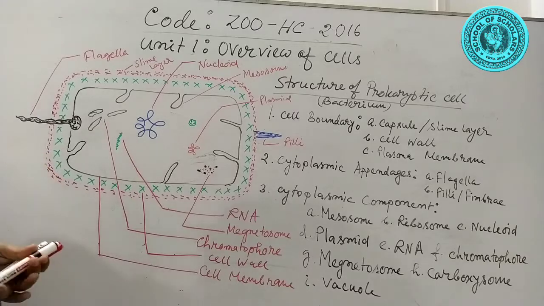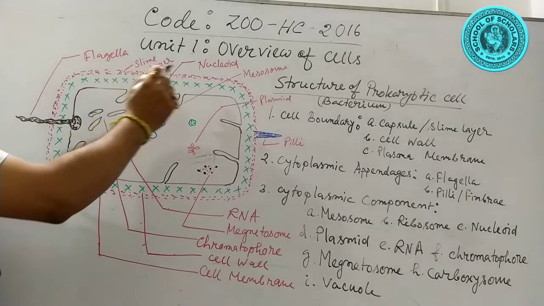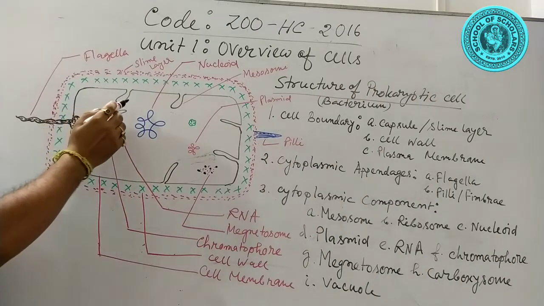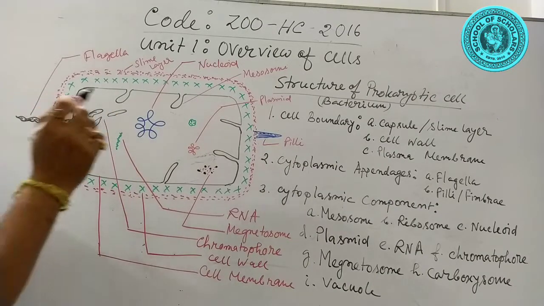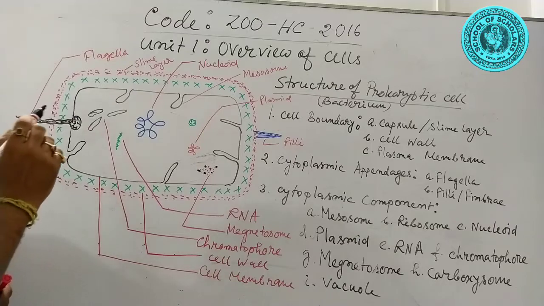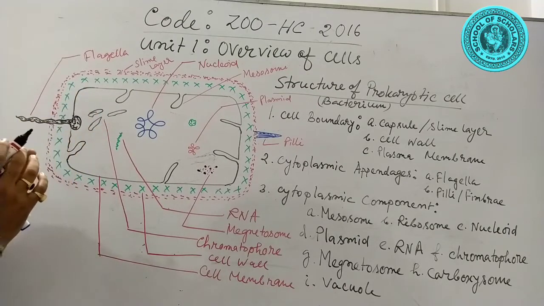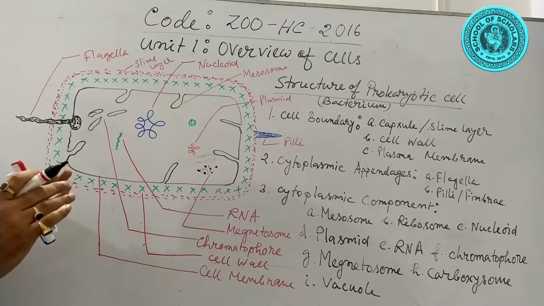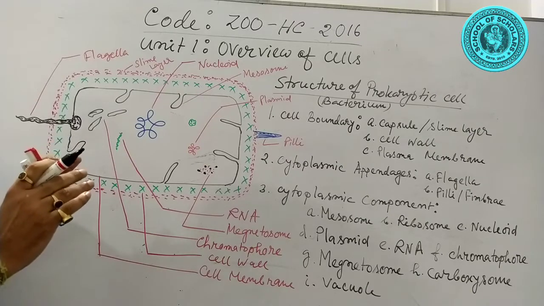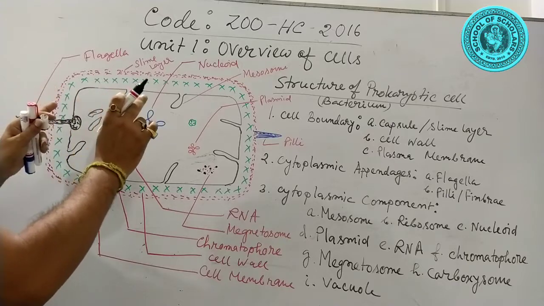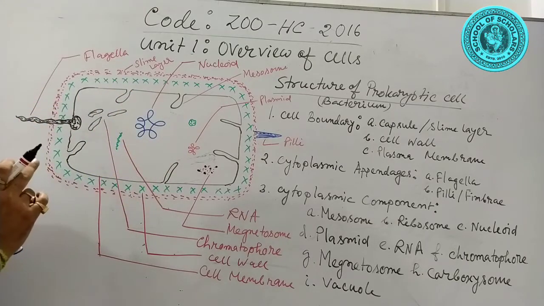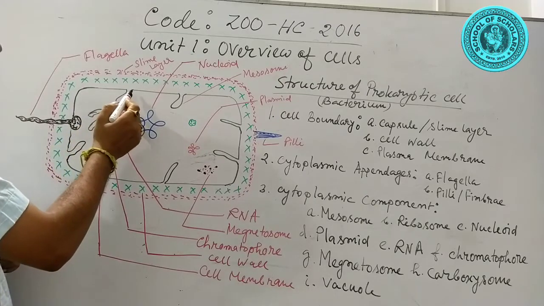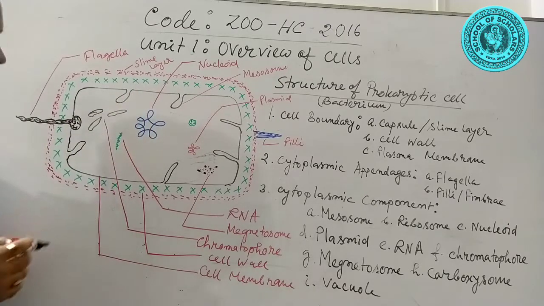You see, this is the structure of a bacterium. In this structure, we start from the cell boundary. Cell boundary means any covering or layer which covers the cytoplasm externally. Among these, this is the cell membrane.